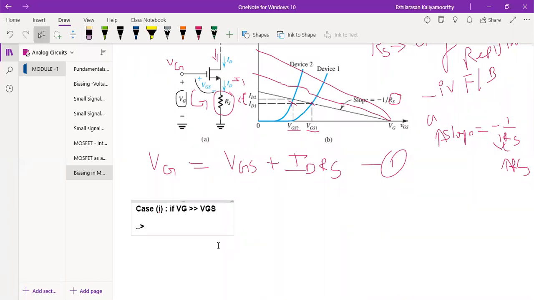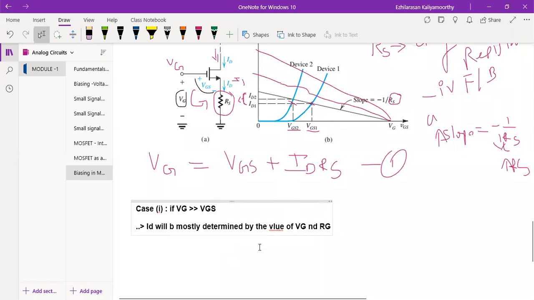ID will be mostly determined by the value of Vg and Rs.